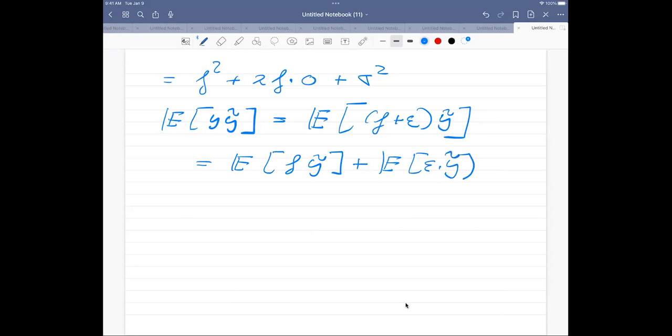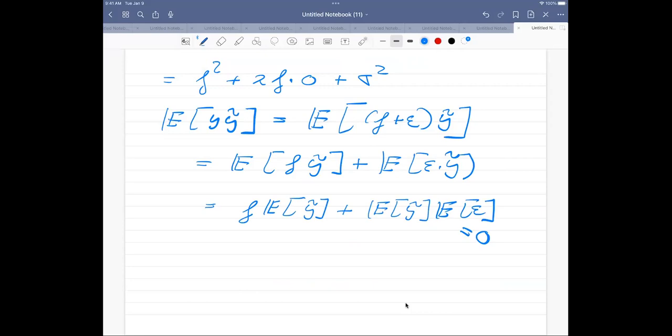And this is something which I can rewrite, since y tilde and epsilon are also assumed to be independent of each other. So that means I can calculate the expectation values independently of each other. That means that I can rewrite this as the expectation value of f multiplied with the expectation value of y tilde, plus the expectation value of epsilon, since y tilde and epsilon are independent of each other. So this is multiplied with the expectation value of epsilon, which is also equal to 0.